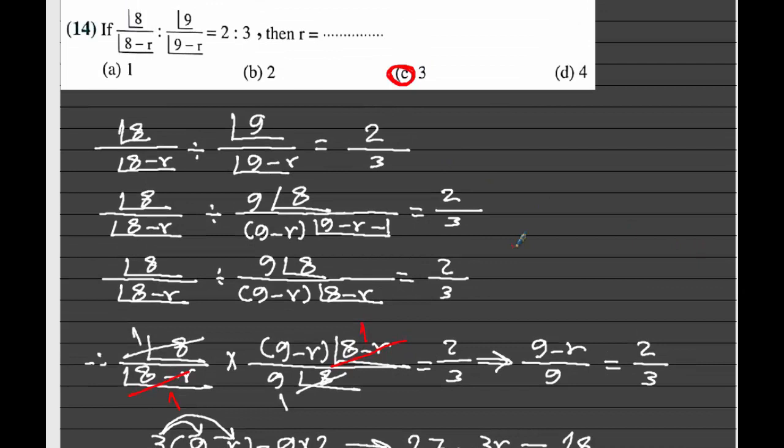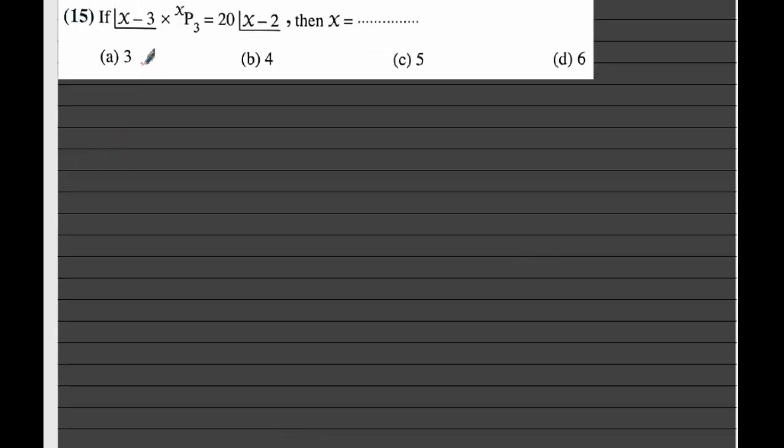Next question, question number 15. We have factorial x minus 3 multiply x P 3 equals 20 multiply factorial x minus 2. Then x equals 3, 4, 5 or 6. Now we can write this equation in this form.